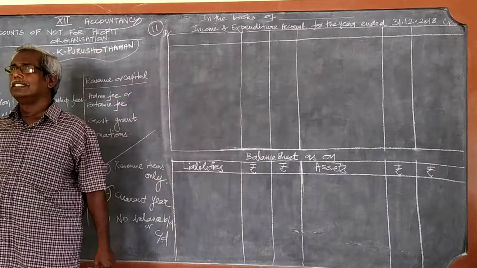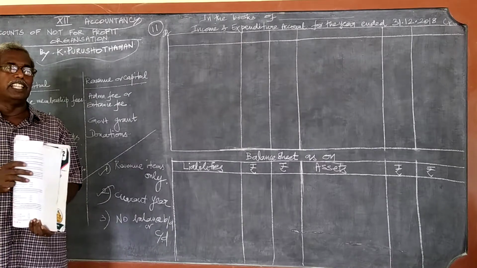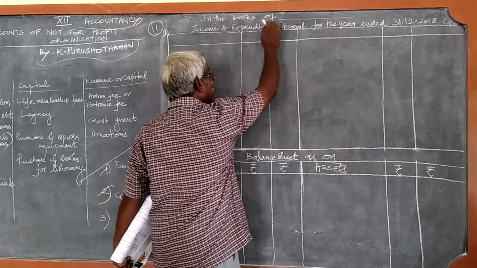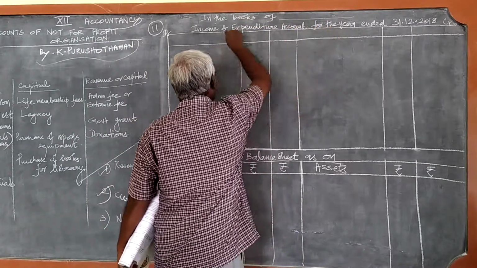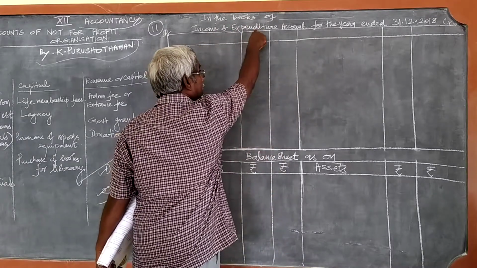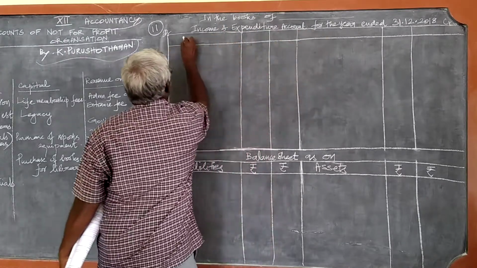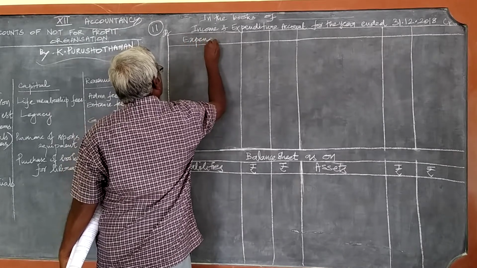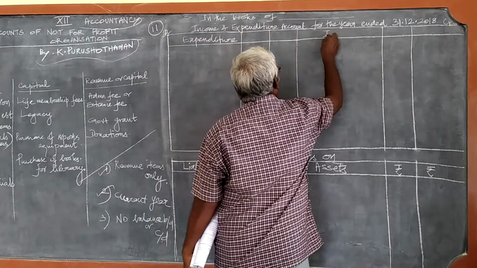Once again, I should point out a mistake you will do in the examination also. When you write receipts and payments account, you will write receipts here, payments there. But in income and expenditure account, when you write the heading income and expenditure, you should not write income here and expenditure there, but expenditure on the debit side and the income on the credit side.